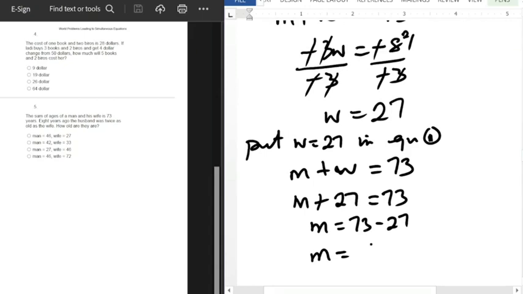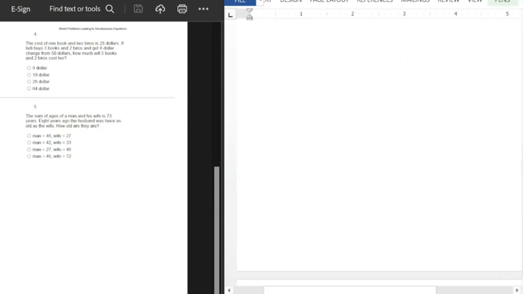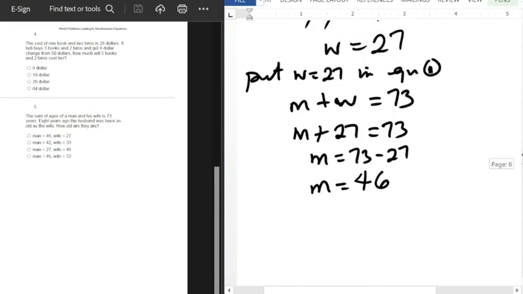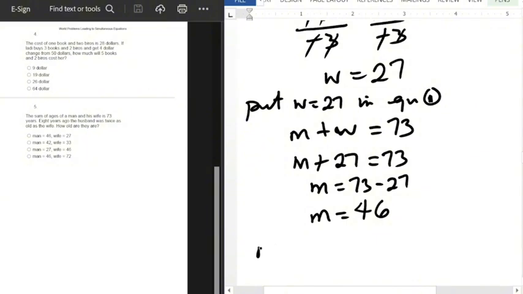Sorry, 73 minus 27 gives us 46. So the man is equal to 46, and the wife is equal to 27. So 46, 27. That is option A.